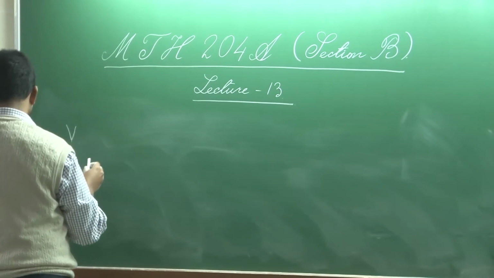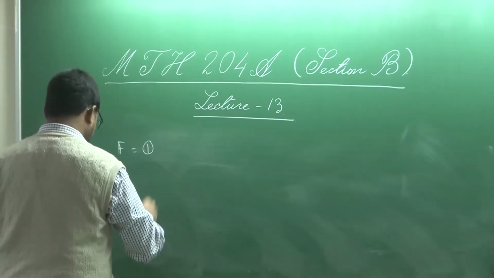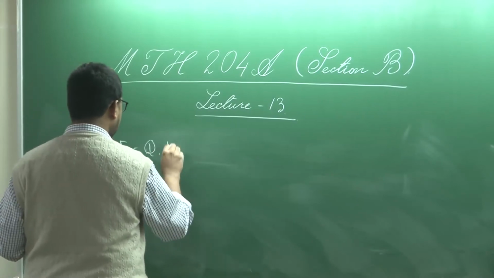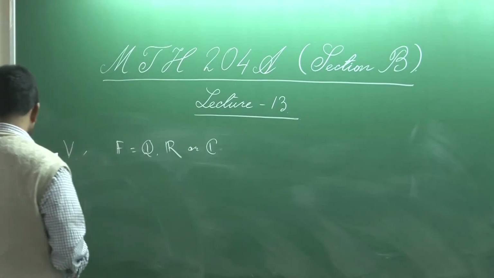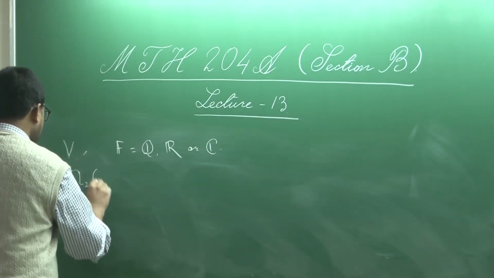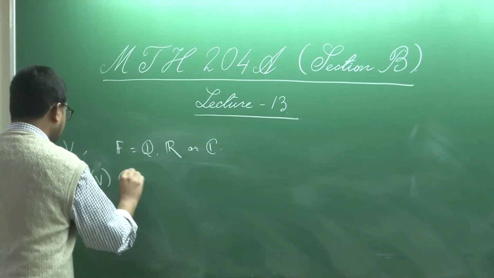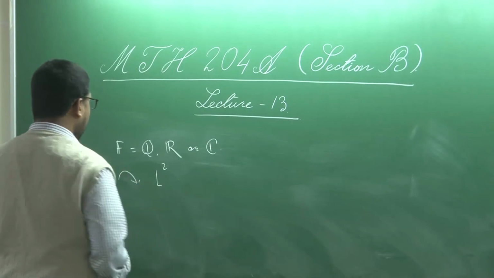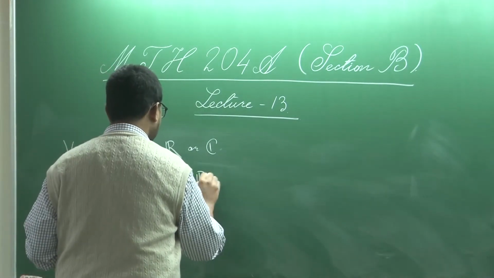As usual, we let V be a vector space over F, not necessarily finite dimensional, where F is Q, R or C. And then GL of V acts on all bilinear forms on V.